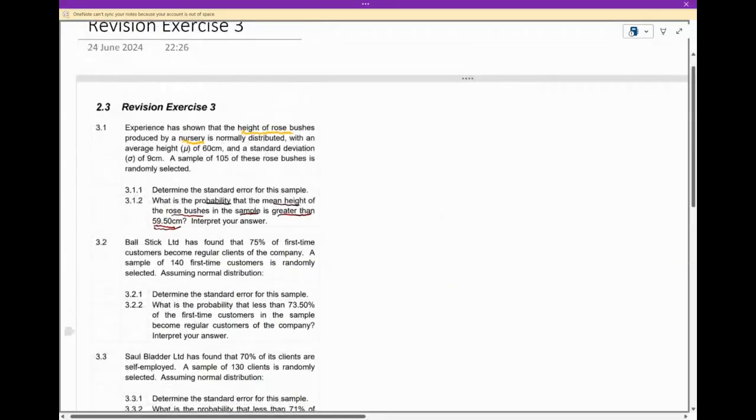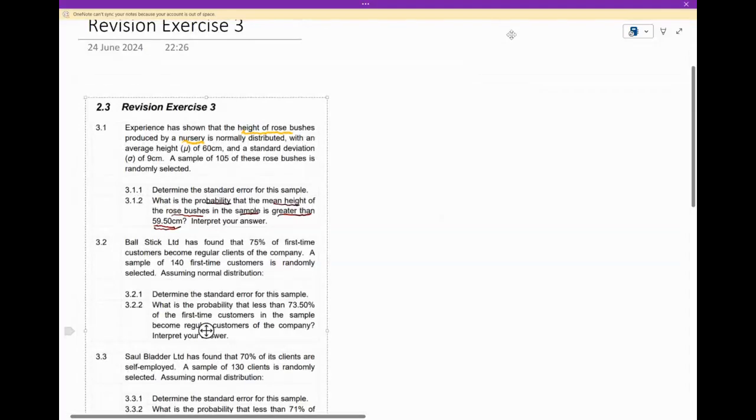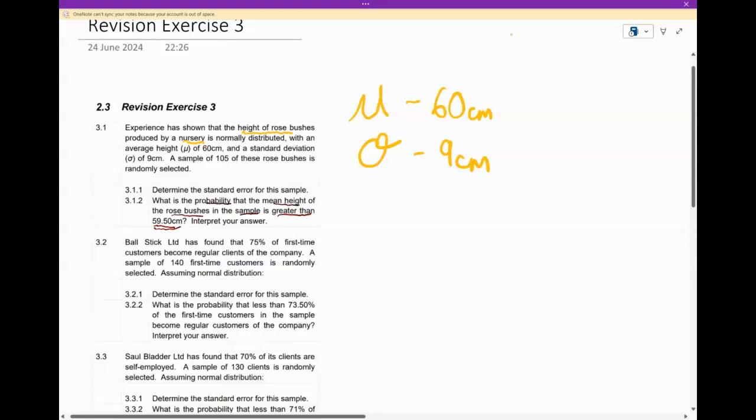So here, experience has shown that the height of rose bushes produced by a nursery is normally distributed with an average height of 60 centimeters. So this is the mean of the population, 60 centimeters, and a standard deviation of 9 centimeters.